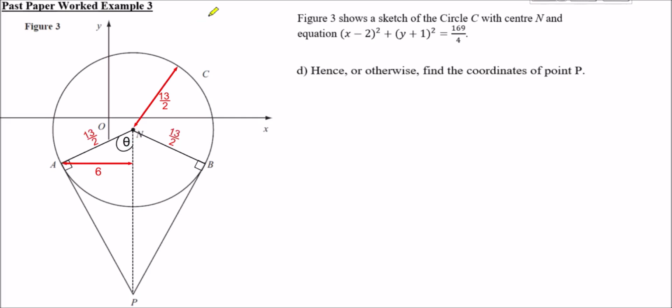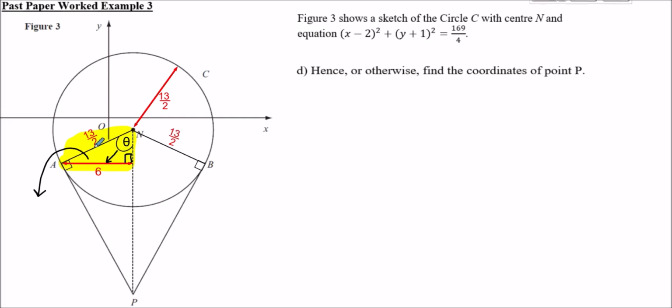So what I'm going to do here is just focus in on this right-angled triangle. For this triangle, the right angle is going to be here, like so. So I want to work out theta. I know the side opposite to theta, which is 6.